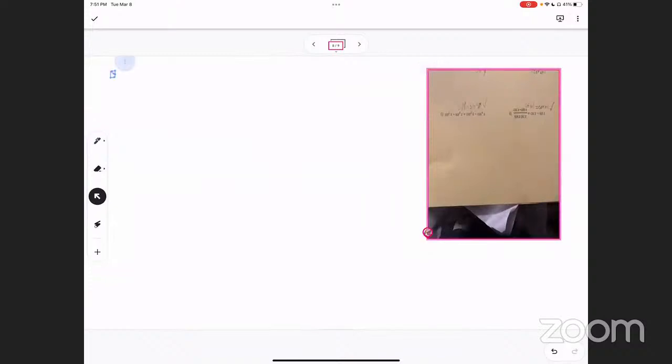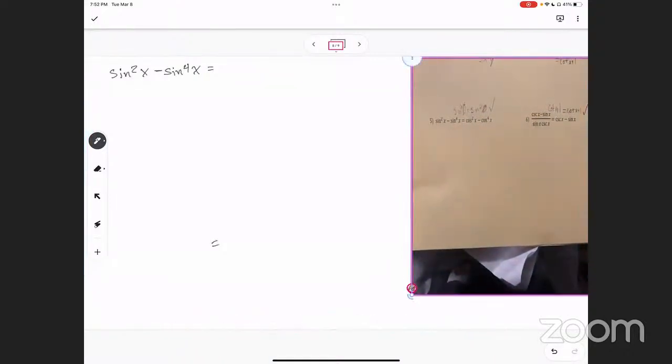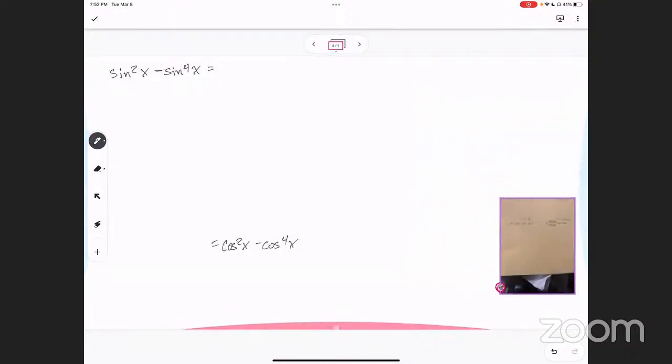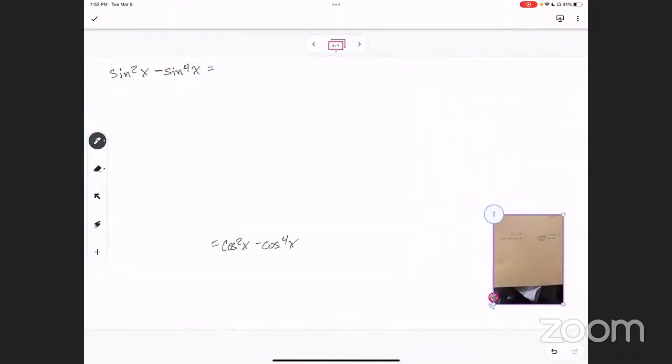So we have sine squared x minus sine to the 4th x, and they want that to equal cosine squared x minus cosine to the 4th x, right? All right. So do you see what we're going to have to do? We're going to have to convert from sine to cosine.